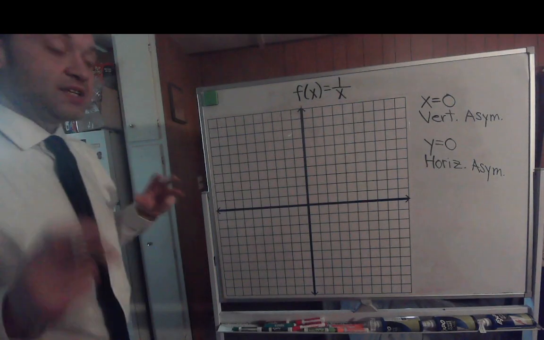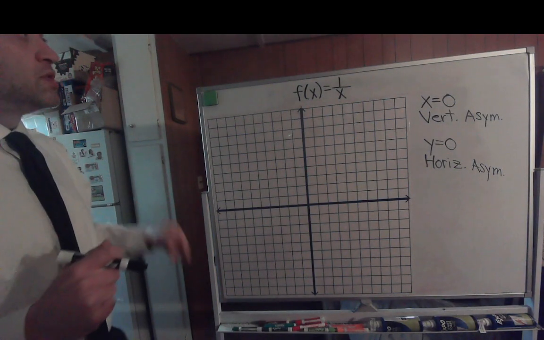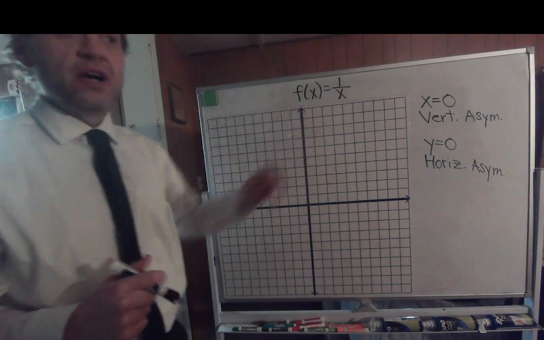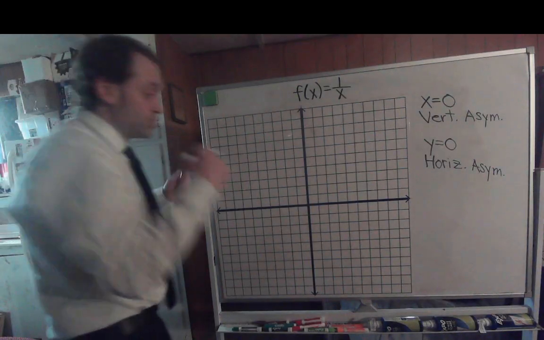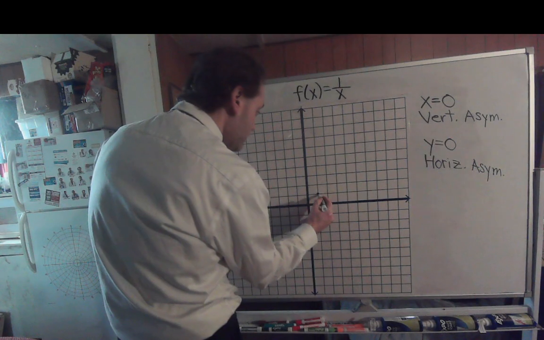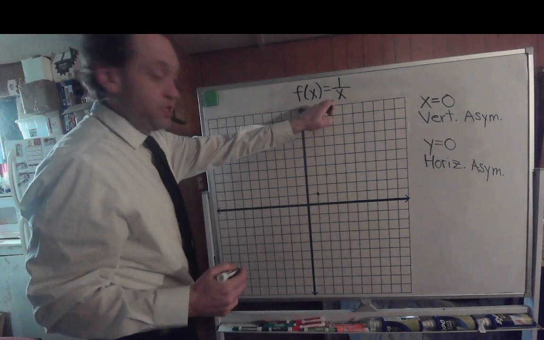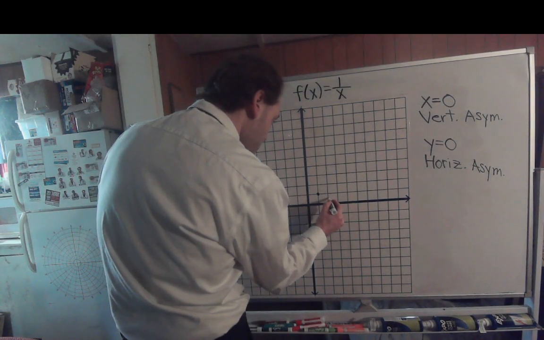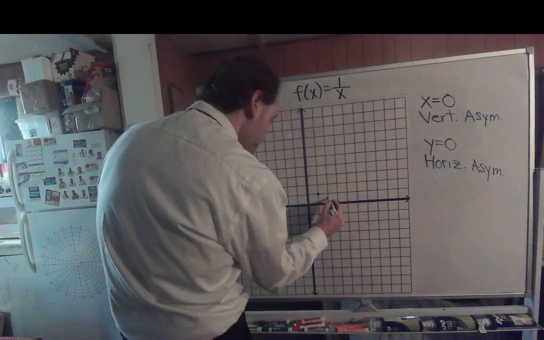So now let's get to graphing this. So let's pick x equals positive 1. Well, you would get 1 divided by 1, right? Which would just give you 1. So when x is 1, y is 1. Now what about when x is 2? You would get a y value of 1/2, right? So that would put you about right there.